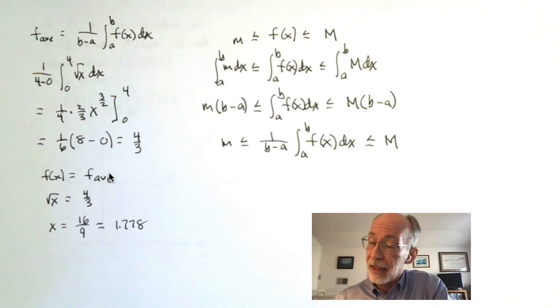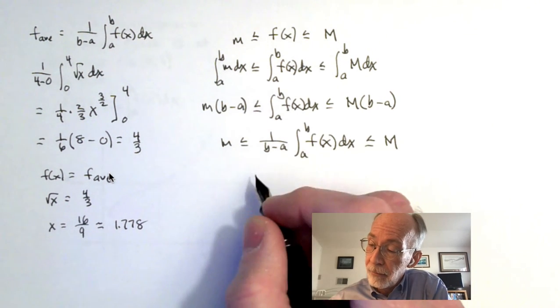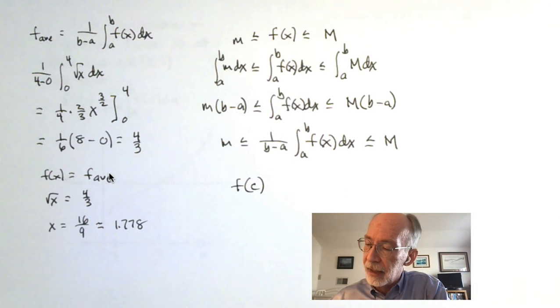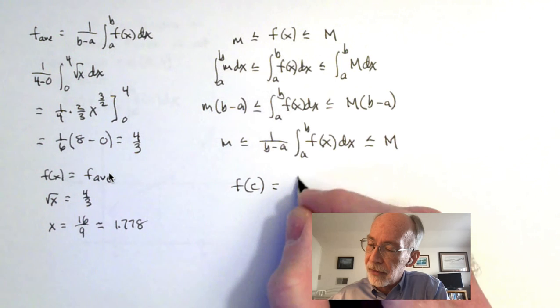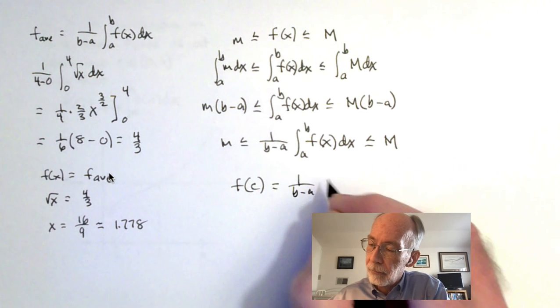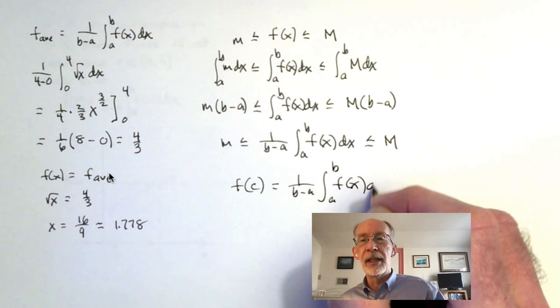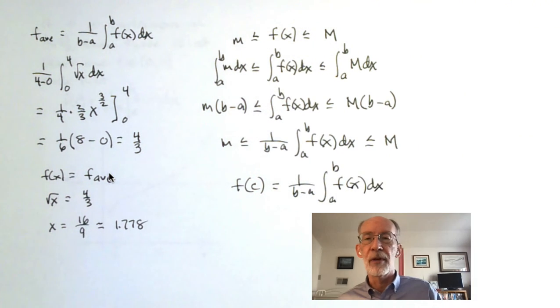That being the case, there has got to be some c in closed [a, b] such that f of c is equal to this average value. And if the function rises and falls, depending on all the particular circumstances locally, it could be the case that there are multiple values of c for which this is satisfied, but the theorem guarantees that there's at least one.